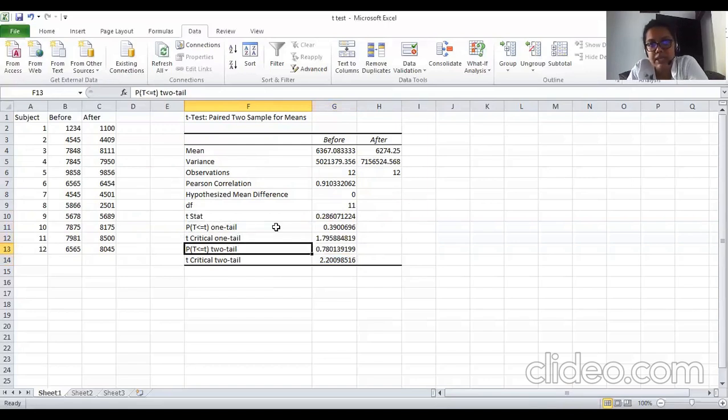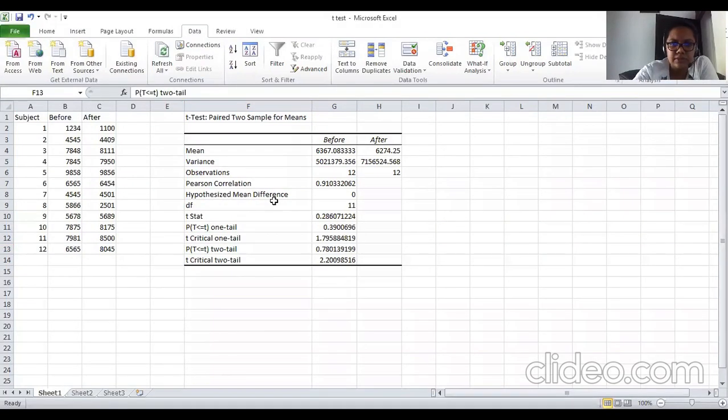The difference is that on some occasions you would be looking at a directional hypothesis. So the difference between one tail and two tail is that you have one tail with one critical value and two tail with two critical values.